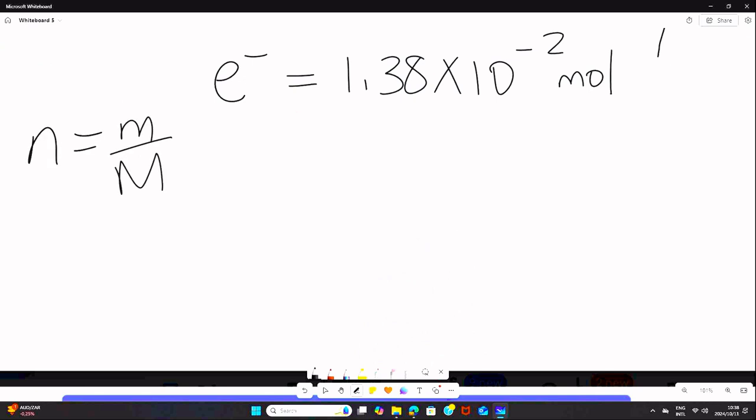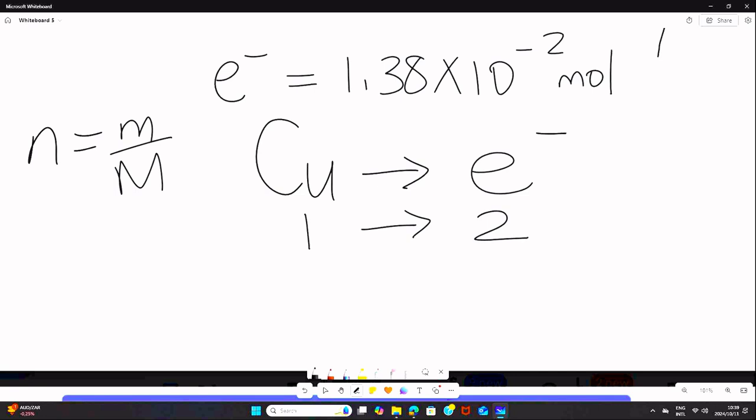But how do you do that? You have to first be able to do the stoichiometry, the ratio, because 1 copper solid will give how many electrons? Remember, 1 copper solid releases 2 electrons because we're using copper 2 plus ions.